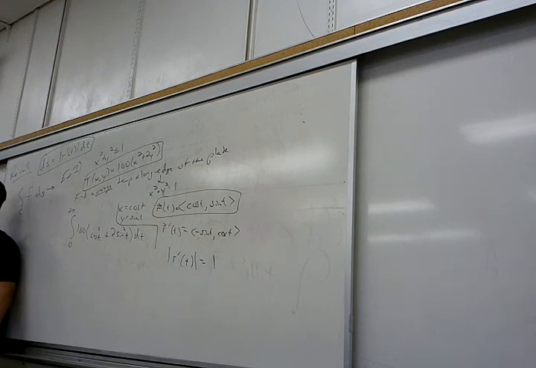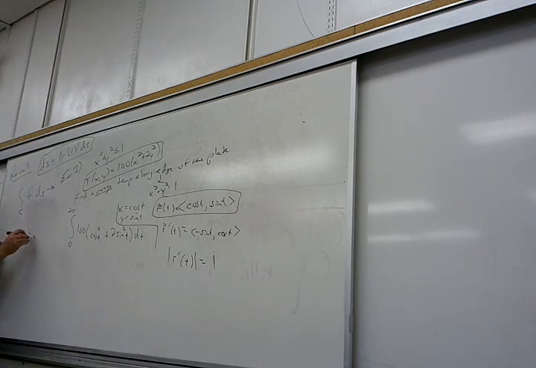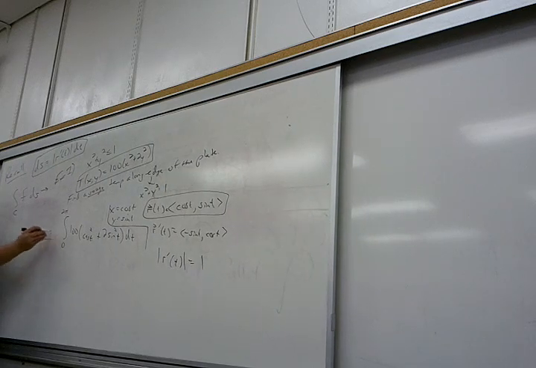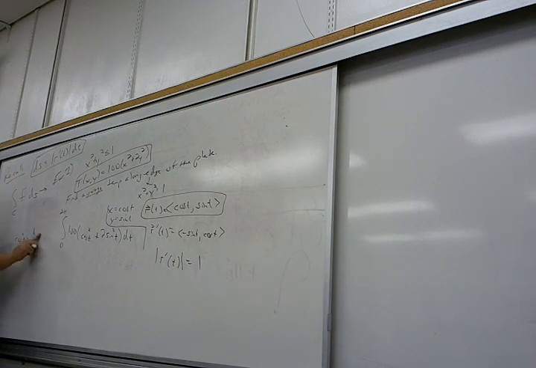And of course, who remembers how you integrate cosine squared and sine squared? You use that identity. Minus double angle sine over 2. So cosine squared is 1/2 plus 1/2 cosine of 2t, because it's the sine that's the minus.